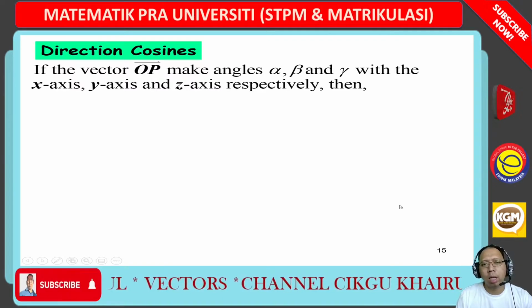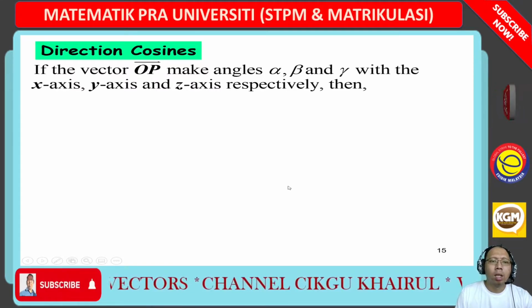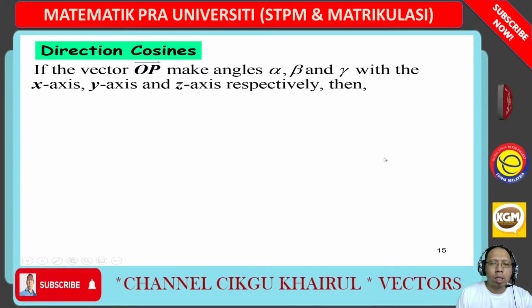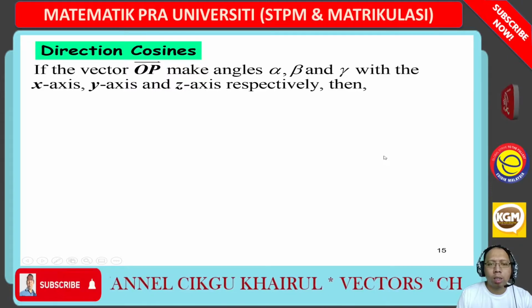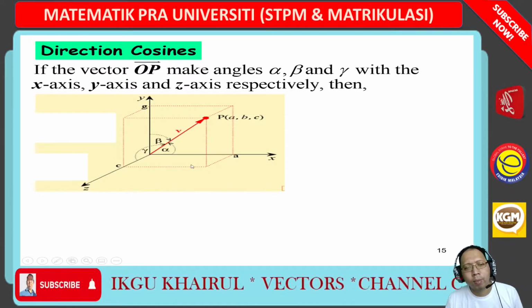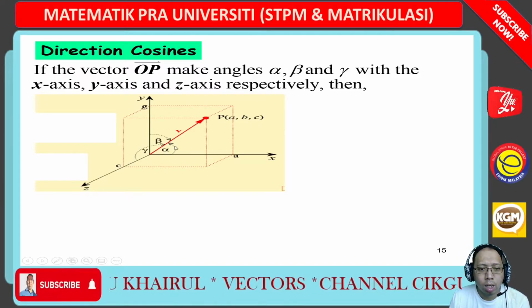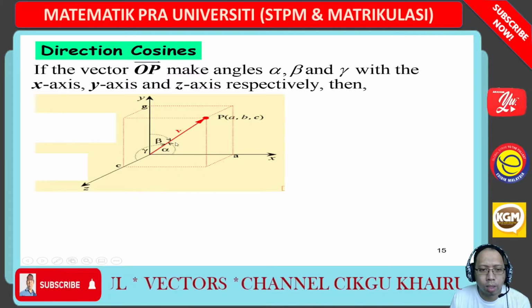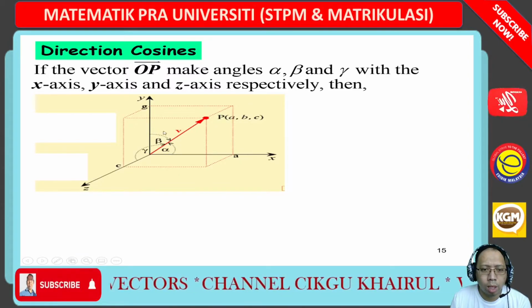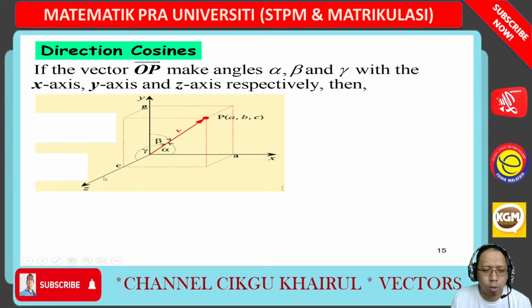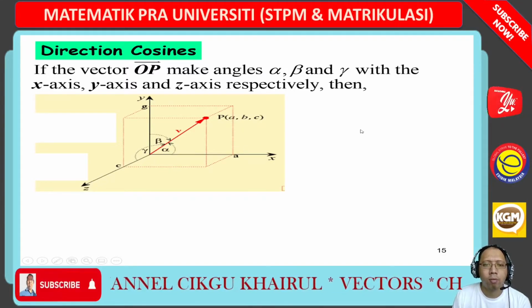Okay, next, direction cosine. If the vector OP makes angles alpha, beta, and gamma with the x-axis, y-axis, and z-axis respectively, then alpha is between the x-axis and the vector, beta is between the y-axis and the vector, and gamma is between the z-axis and the vector.